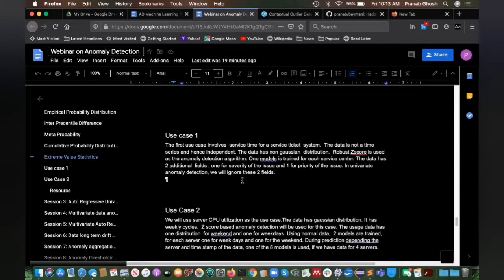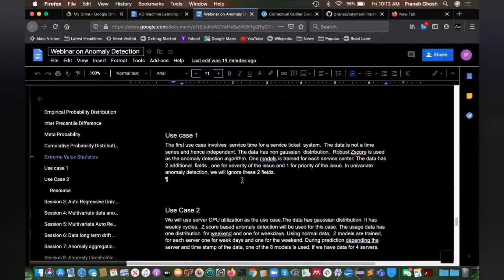So what you do is, you file an issue. To resolve the issue, it's going to take a certain amount of time, right? So what we are going to do is analyze the time to see if there is anything anomalous, if there is any ticket that's taking an unusual amount of time to process.